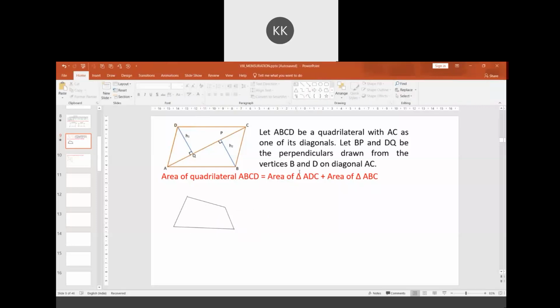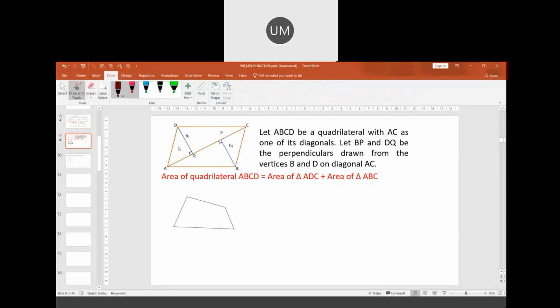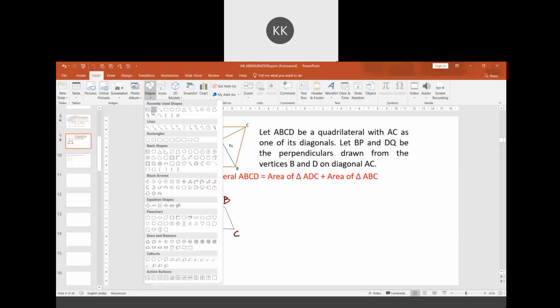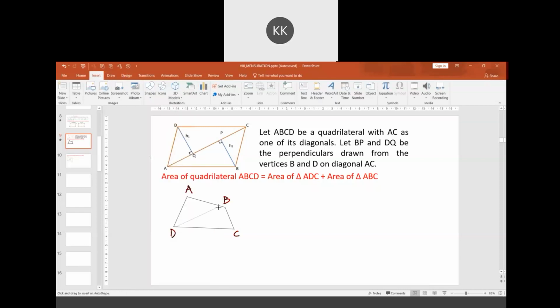Is it a trapezium? No. Is it a parallelogram? No. It is a general quadrilateral because it's having 4 sides, 4 angles, 4 vertices. Suppose I consider one of the diagonals as DB, if I join this DB, it is a diagonal.